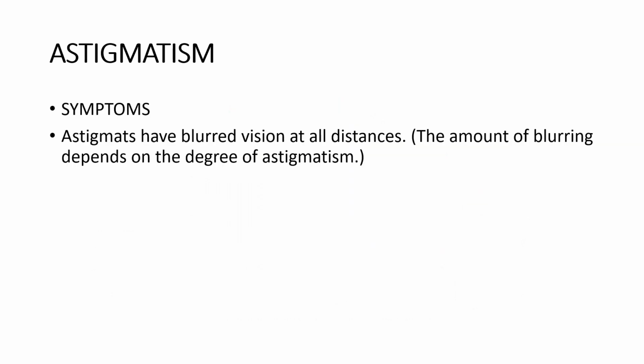So the symptoms are that people with astigmatism have blurred vision at all distances. The amount of the blurring just depends on the degree of the astigmatism, and as a result, symptoms of eye strain may occur.